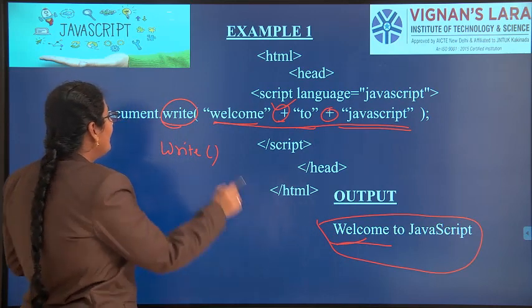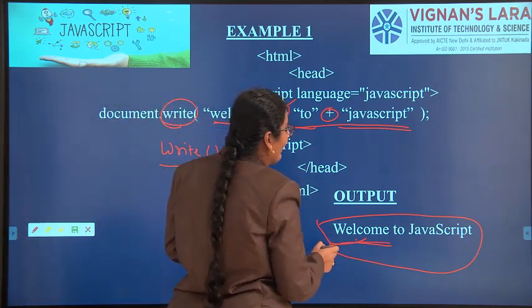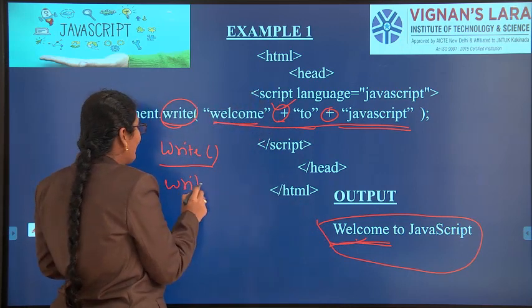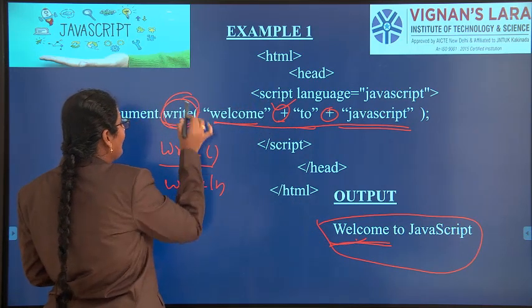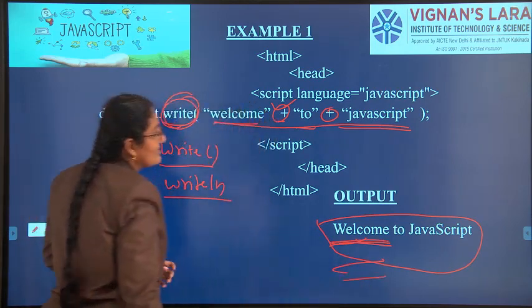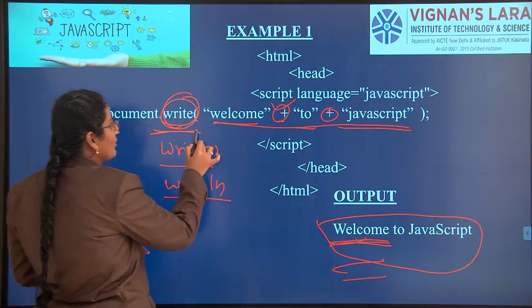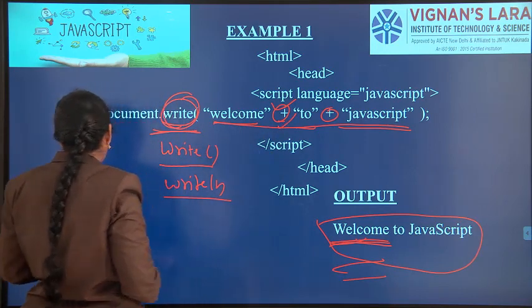Understand carefully. If you use the write method, you don't have a chance of getting output in a second line. If you use the writeln method instead of write, you can get the output in 3 different lines. For not getting output in 3 different lines while using write only, we are using the append symbol.